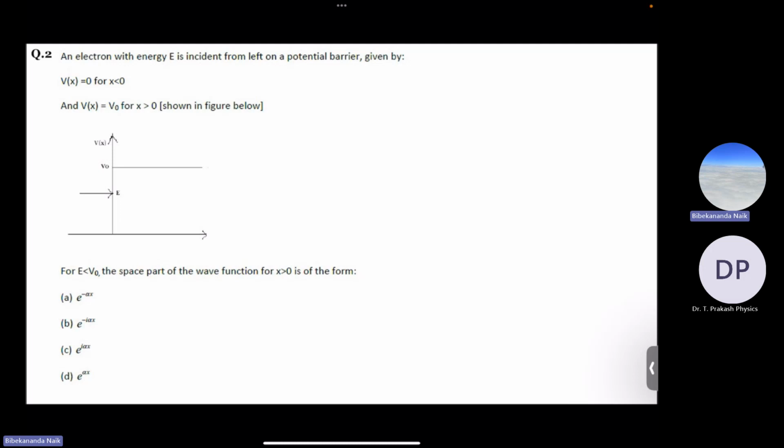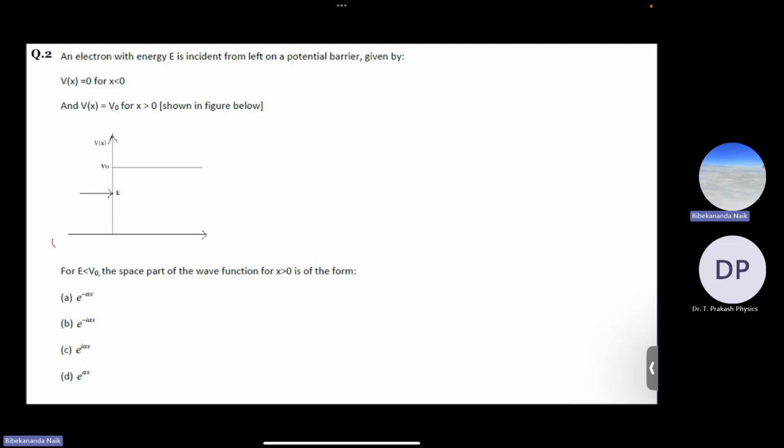Can you tell me what the space part of the wave function for x greater than 0 will be? The question says an electron with energy E is incident from the left on a potential barrier given by V(x) equal to 0 for x less than 0.